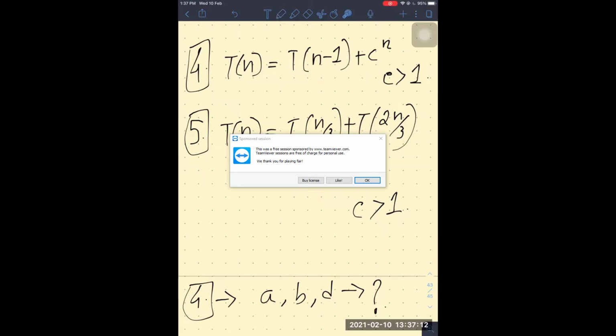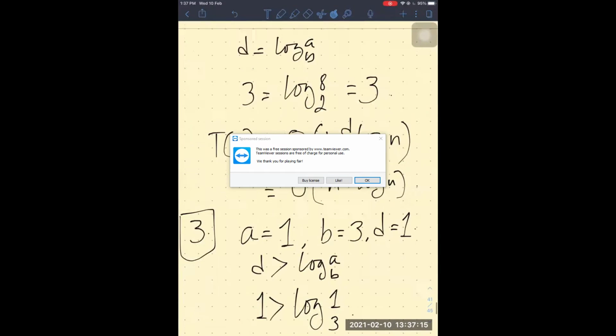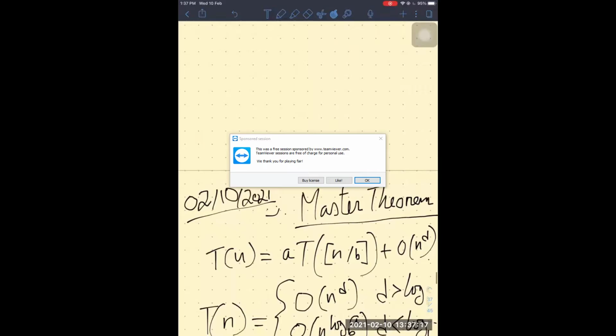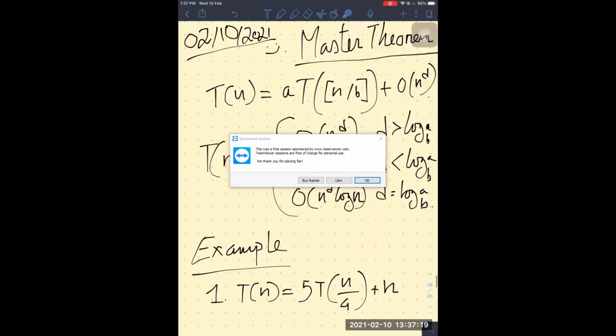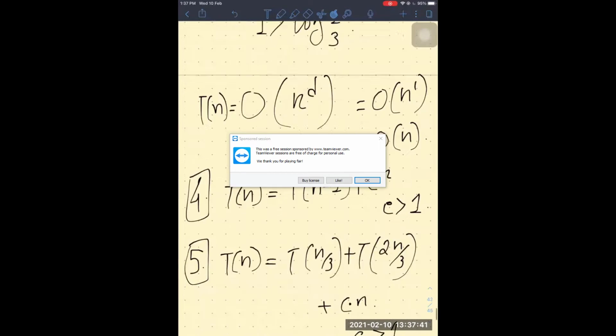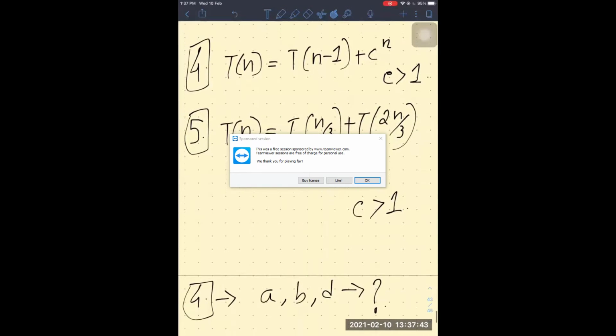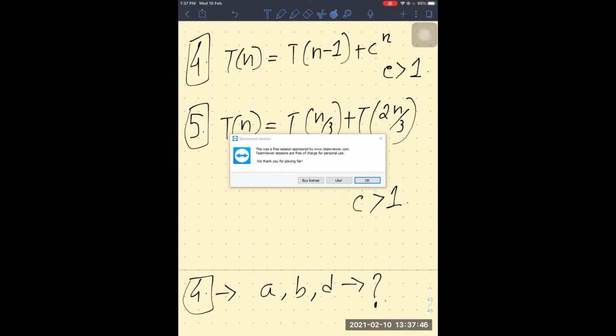For applying the master theorem, you have to get something in this form. The equation has to be in this form: T of n equals A times T of n by B plus big O of n to the power d. If the equation is not given in this form, then you cannot apply the master theorem. After the plus is a constant to the power n, so it has to be n to the power something.